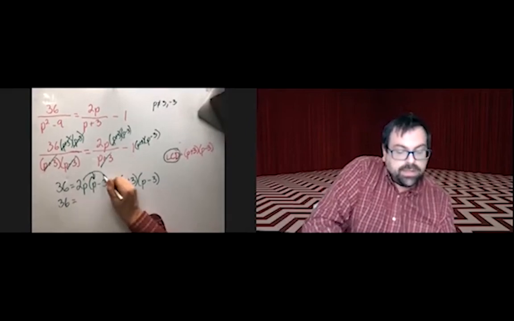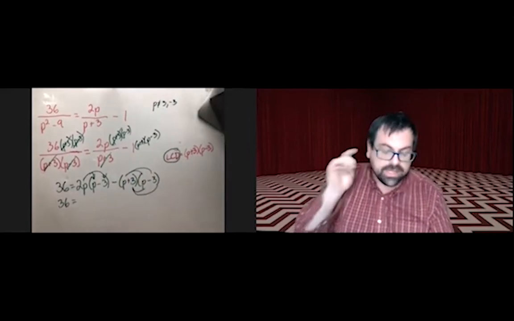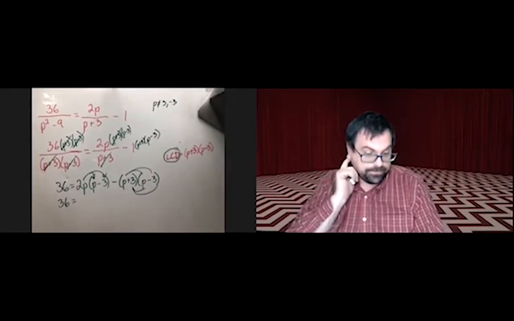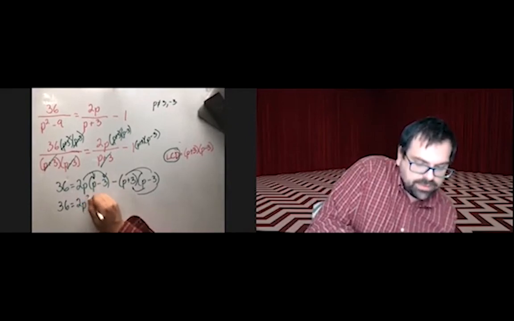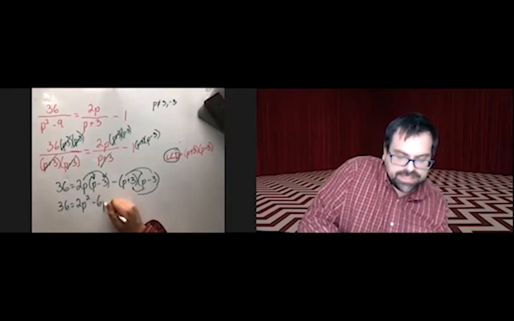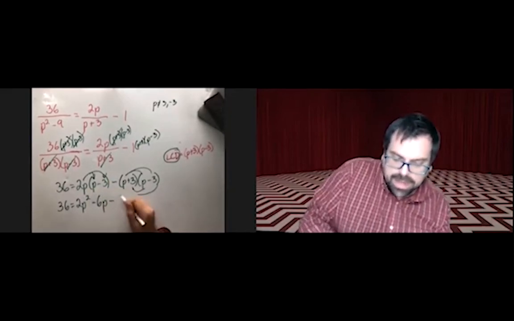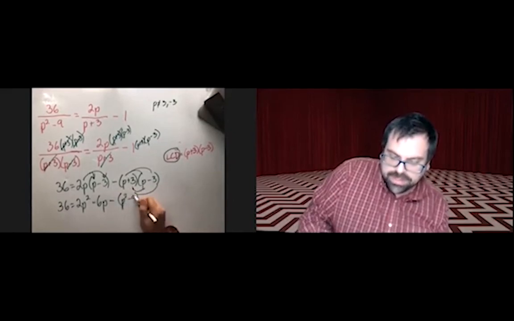Distribute the 2p, and FOIL these, or use the special formula. So 36 equals 2p times p, 2p squared, 2p times negative 3, negative 6p, minus the entire p squared minus 9.